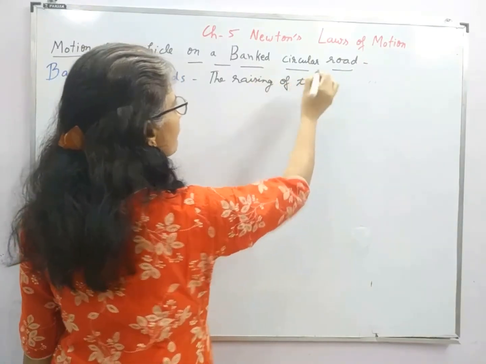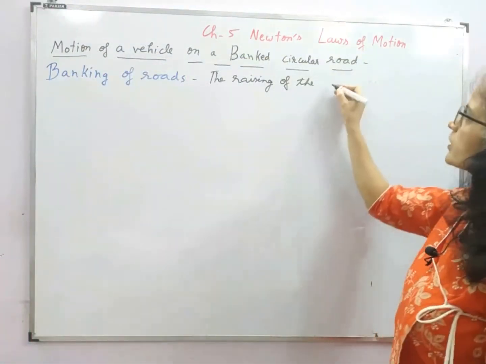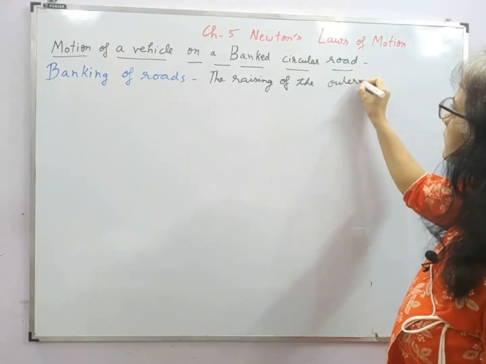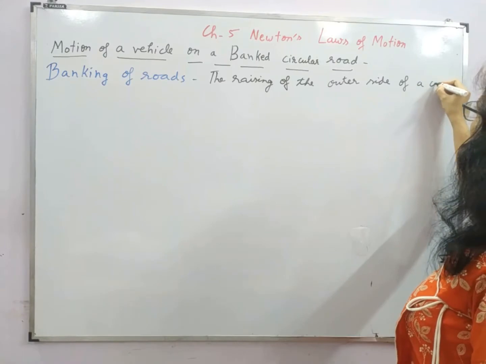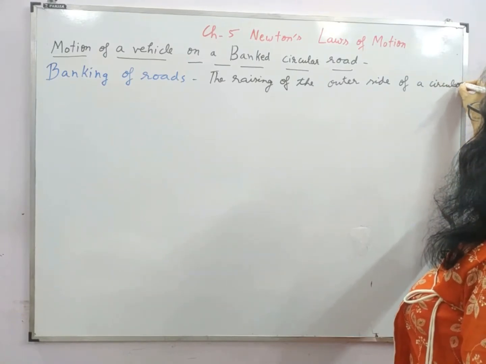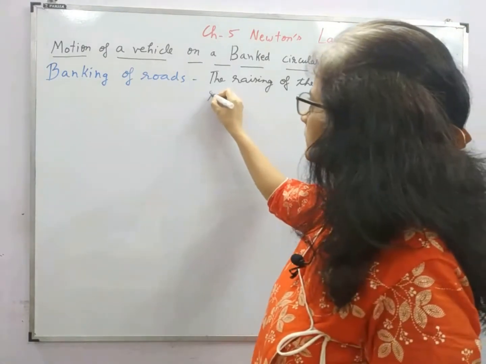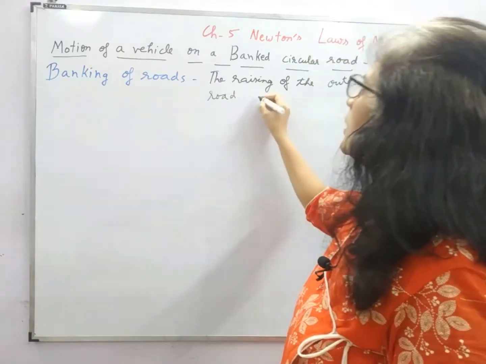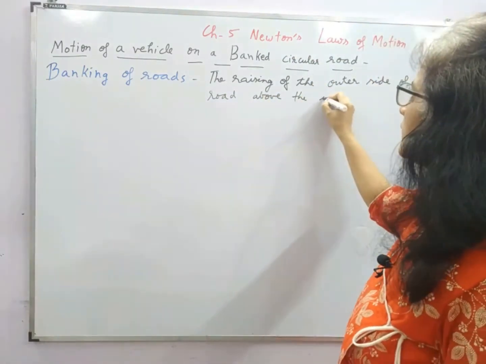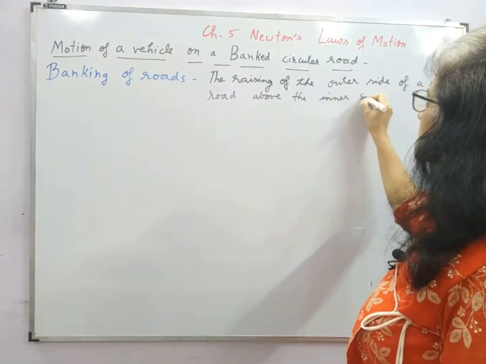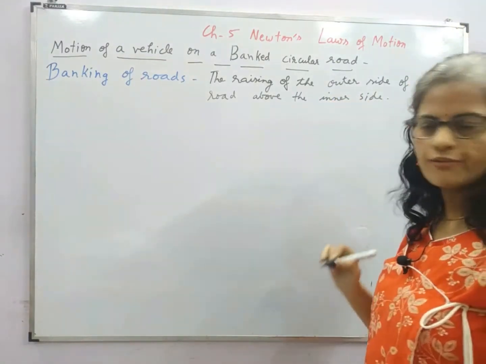The raising of the outer side of a circular road above the inner side is called banking of roads.